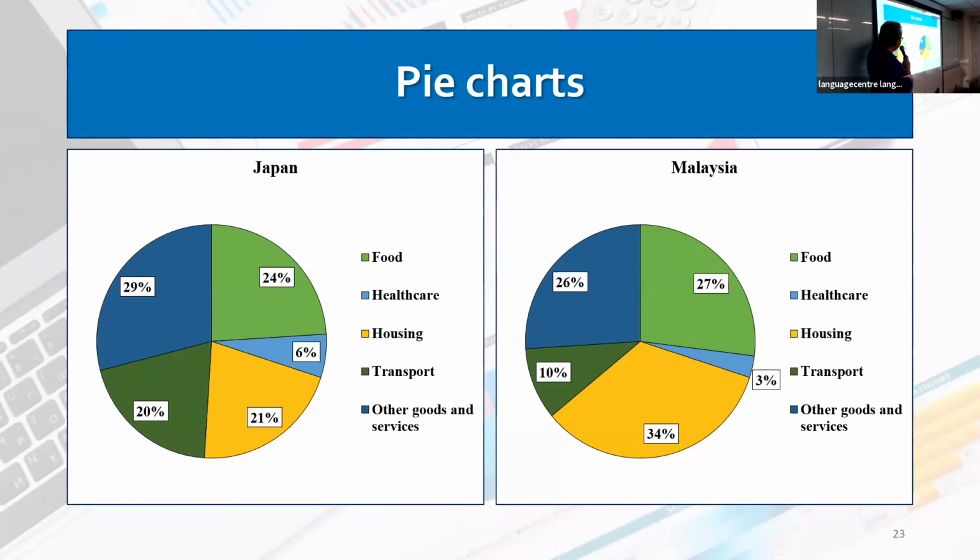This time the two pie charts are about expenditures. How much people spend on each of these domains, like food, healthcare, housing, and transport, right? And these two pie charts compare Japan and Malaysia.